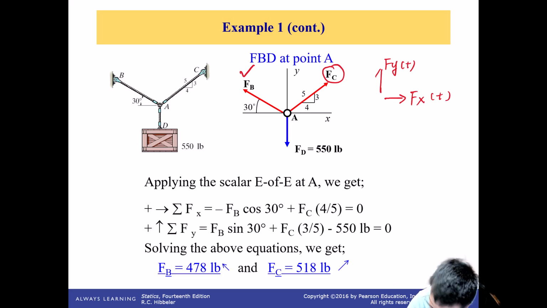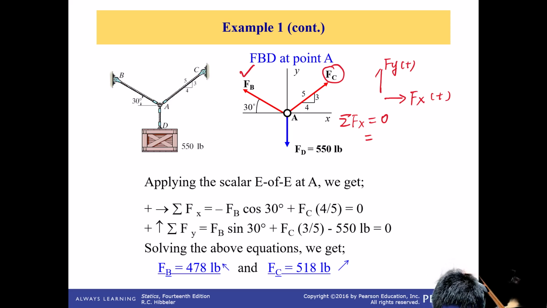Our first equilibrium equation is the sum of Fx equals 0. Fd is perpendicular to x, which means Fdx equals 0, so we don't need to consider Fd when we are talking about the sum of Fx.